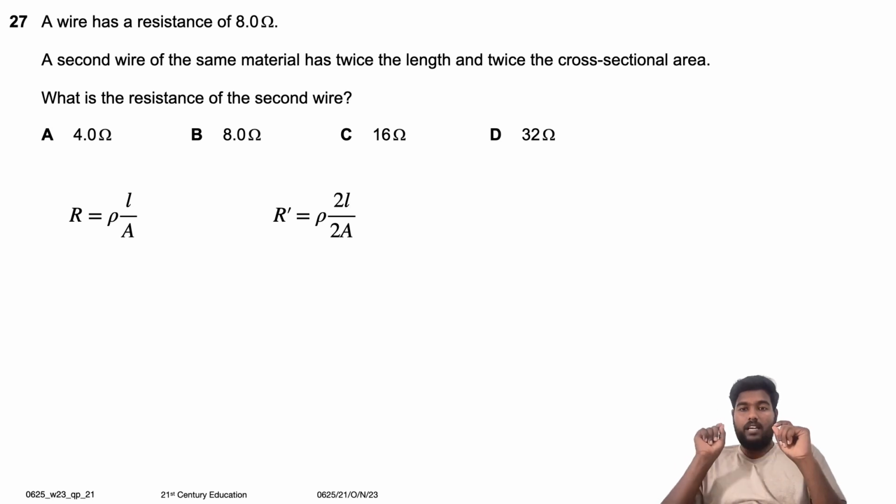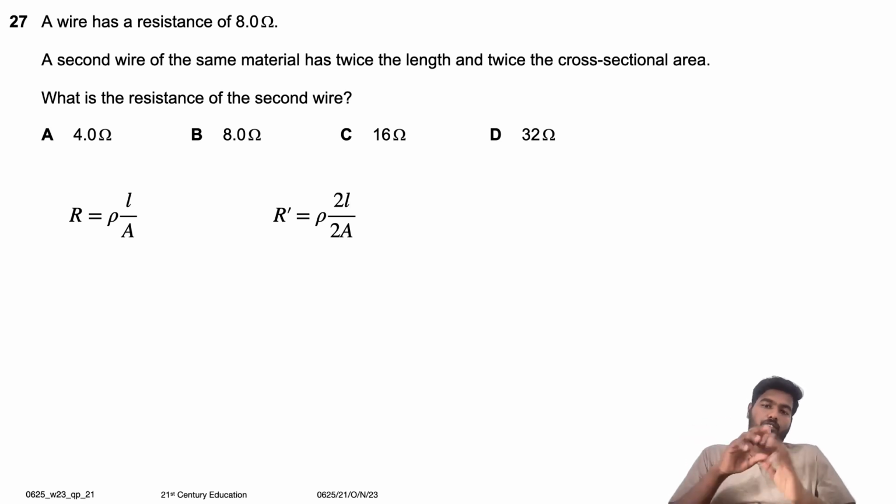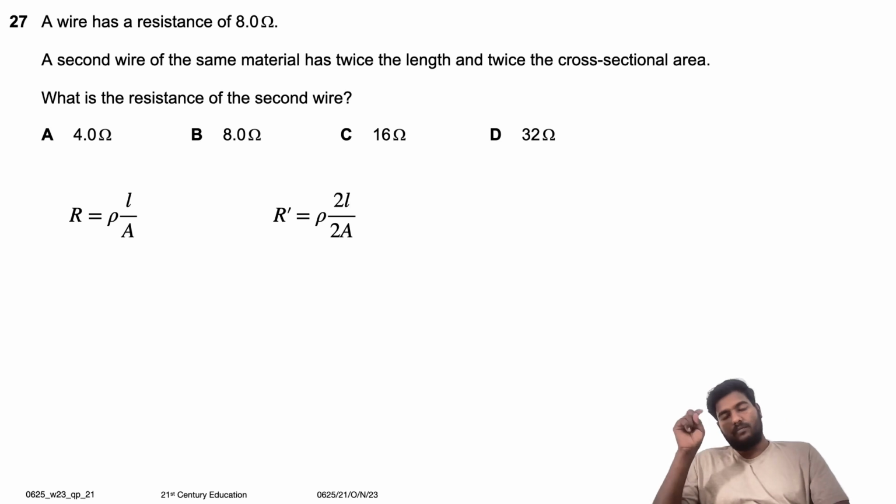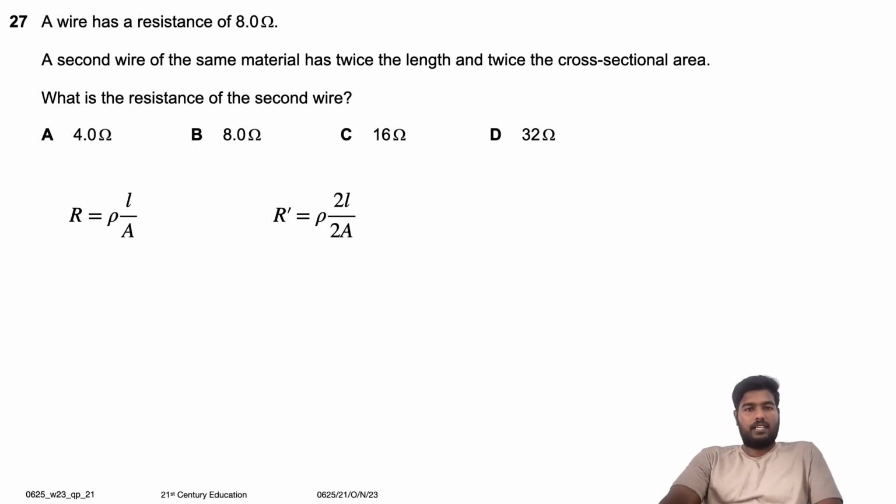You have to be a little careful. If they mention that the diameter is twice, then you have to work out the radius and square it, because area of cross section is pi r squared. Here they gave cross sectional area twice, so we just put 2A. Now this 2 and 2 cancel, so you are getting just rho L by A, which is the same as the initial resistance, so 8 ohm.